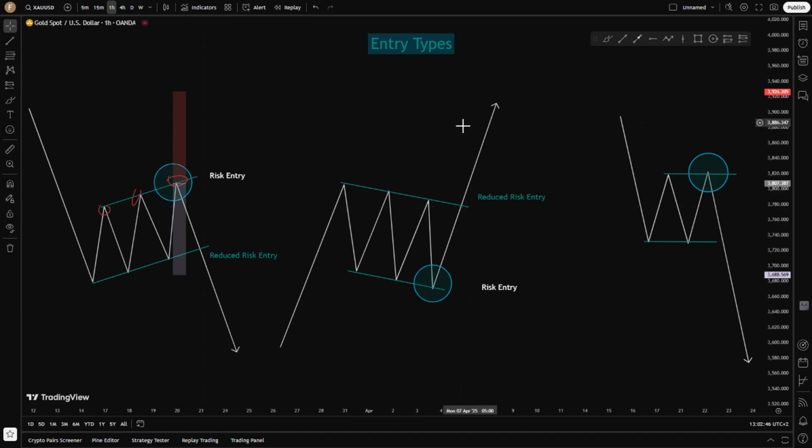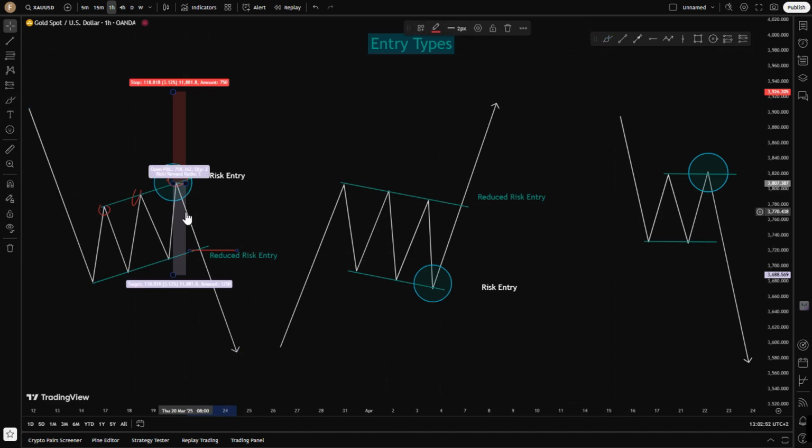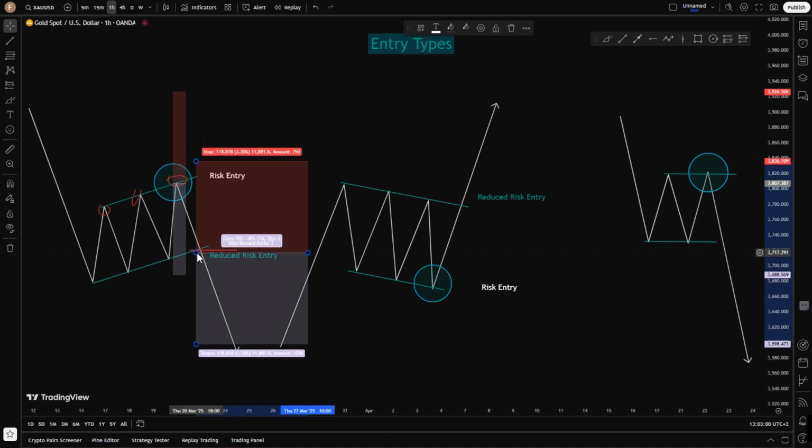So now, secondly, we are going to wait for a break of this structure right here. So when we see a break of this structure, this is another entry for us, which is the reduced risk entry.